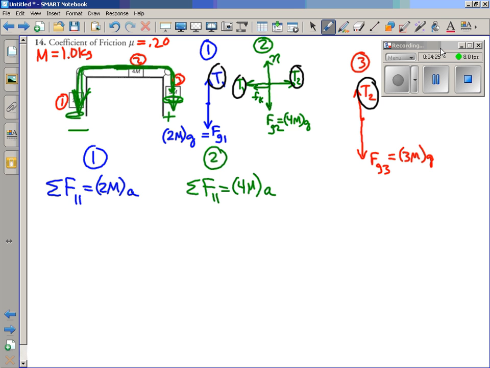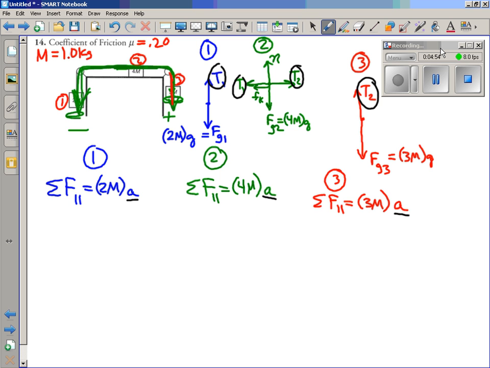And for object 3, the sum of the forces acting parallel to the direction of motion, which is up and down for object 3, is equal to the mass of object 3, which is 3m, times the acceleration of object 3. Now again, since all of these objects are connected by a rope, the acceleration values are all equivalent.